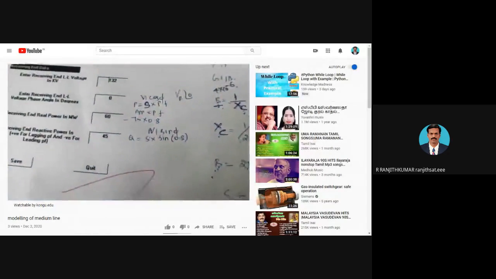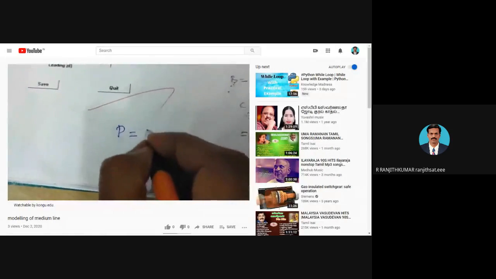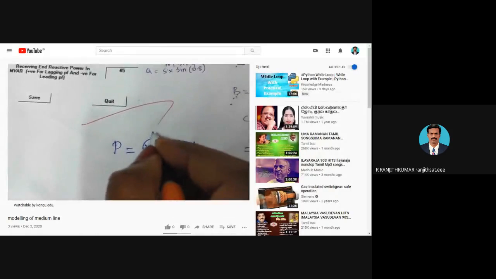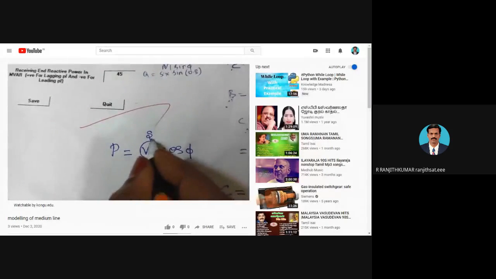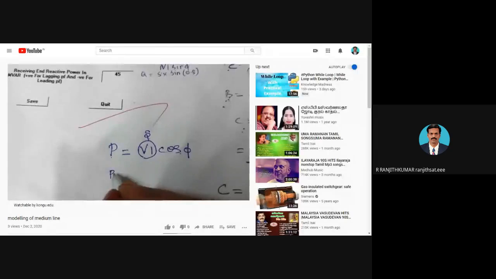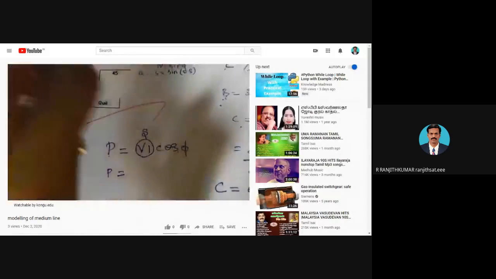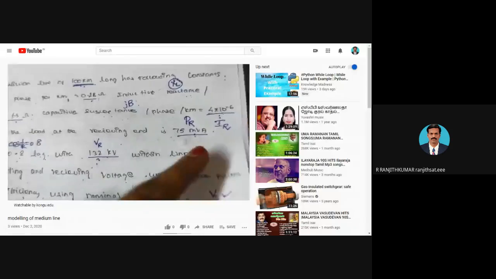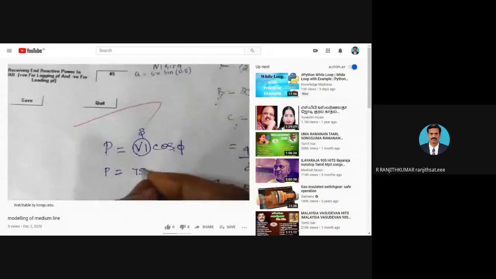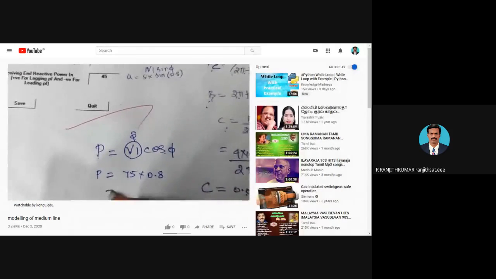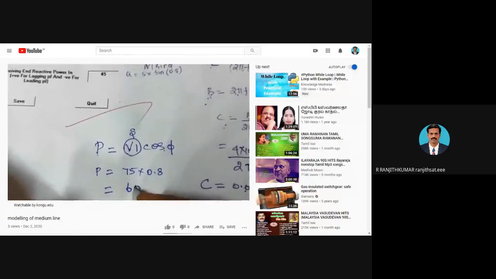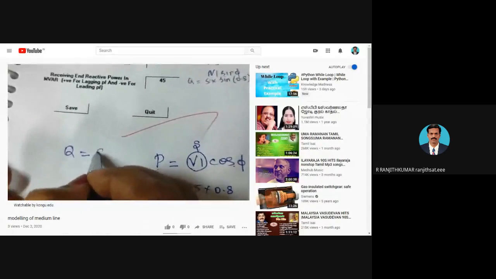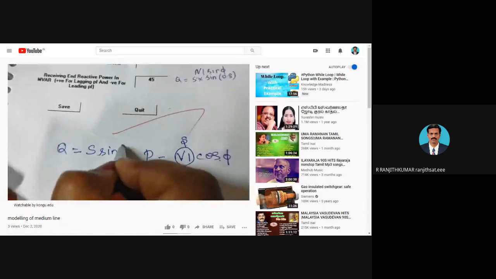We know that P is equal to VI cos phi. This VI is the apparent power, so S into cos phi gives you real power. In our question, the apparent power is given as 75 MVA. So 75 into 0.8 gives you the real power of 60. Similarly, Q is equal to S into sin phi.